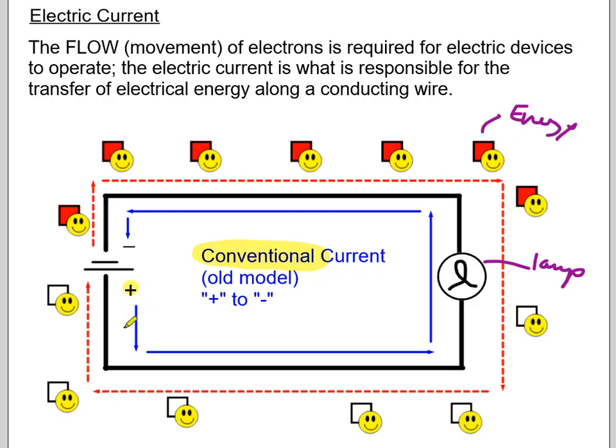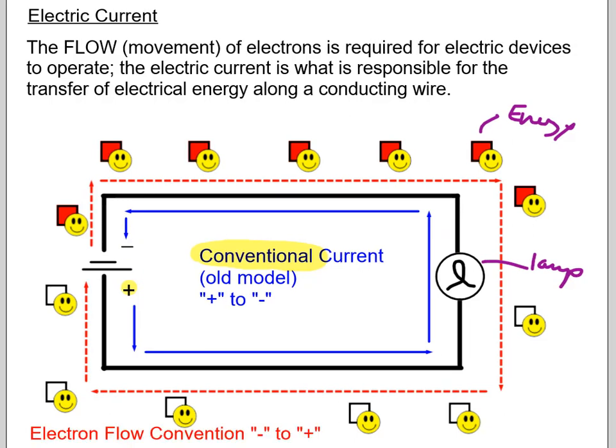Here's the plus, and the electrons are going around the circuit in that direction. The model we use, that is the actual behavior of the electrons, is the electron flow model, and I've done that in red here, and it represents electrons flowing from the negative all the way around to the positive.